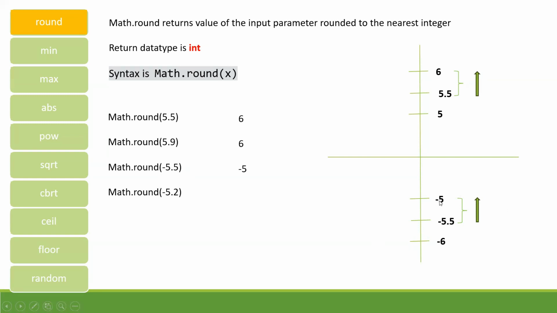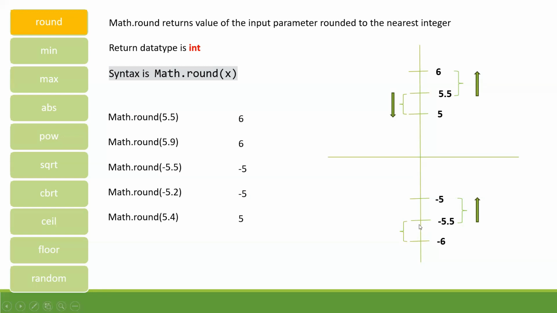And then if we go up, the closest integer that we find is minus 5. Now coming to the range of values between 5 and 5.5, or up to 5.4999, those values will be rounded down. Those will be taken down. So if we say Math.round 5.4, going down and finding the closest integer, the answer will be 5.